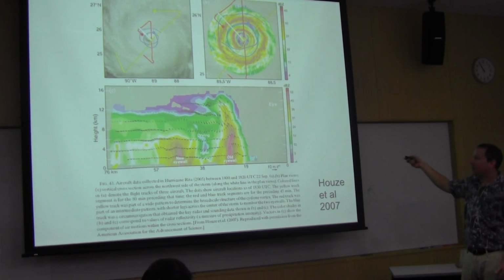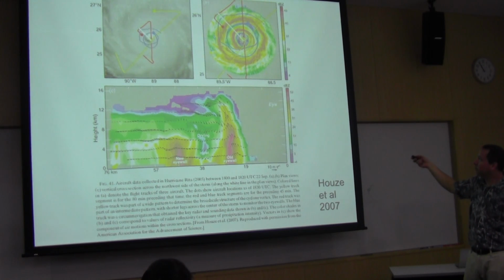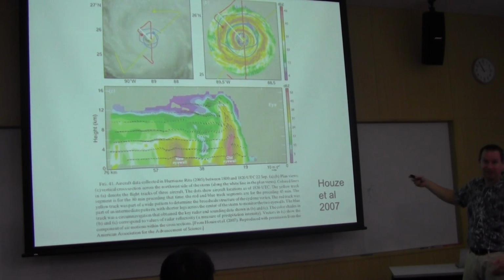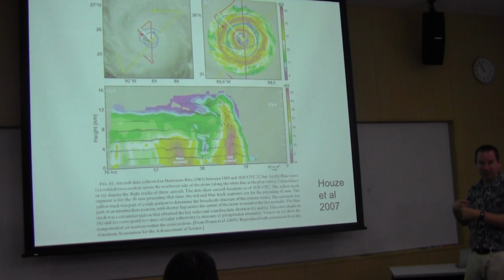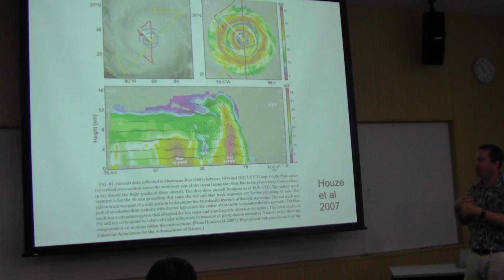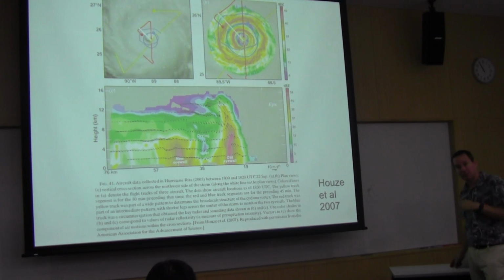So, in this case, we did not see evidence of that really occurring at this particular time. Maybe, I think, after this, there may have been more of a breakdown, and the primary eye wall eventually did completely decay, but we don't have any observations of that, unfortunately.